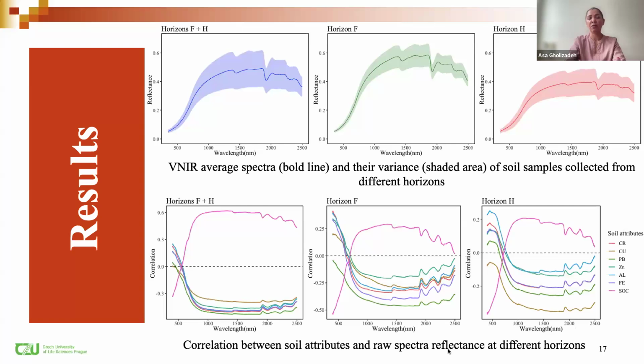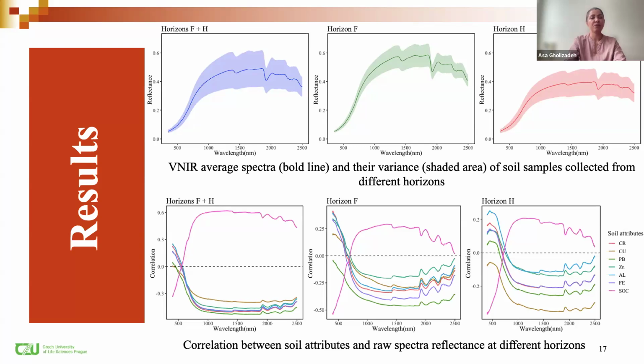And in another one, we merged the data from both horizons, which we called horizon F plus H. Visual inspection of the spectra indicated that the overall reflectance patterns and waveforms of the spectral curves of different horizons were roughly the same. The horizon F, fermented horizon, had higher reflectance values compared to the other one, H, and also compared to the combined horizons.